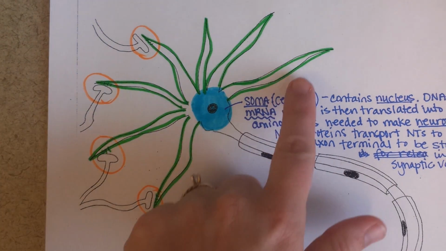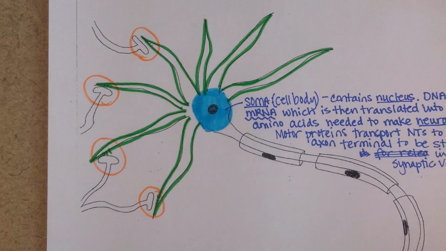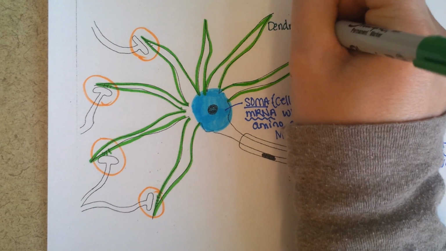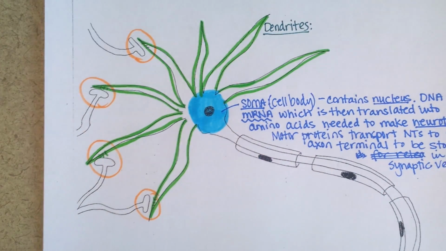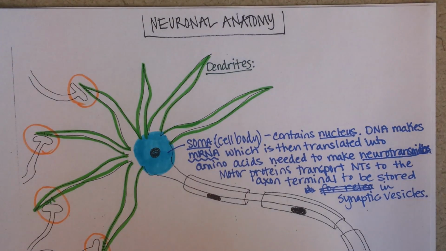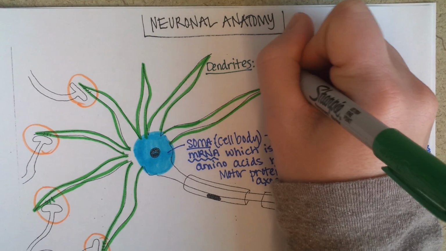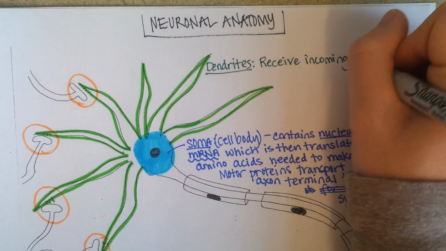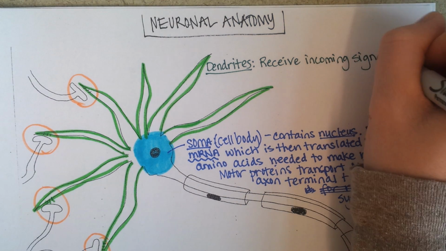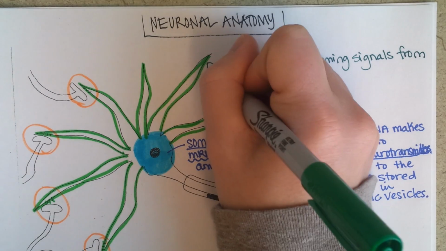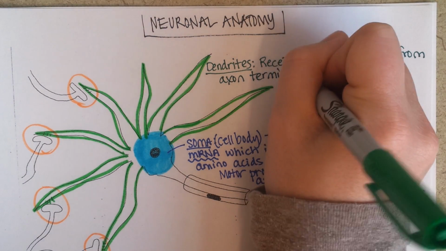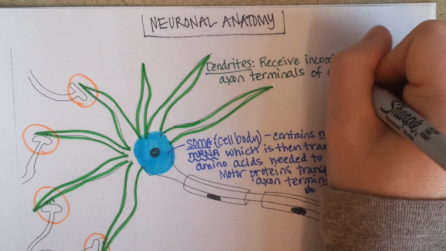One neuron might have 100,000 of these dendrites. We're using a green pen for dendrites. They receive the incoming signals from the axon terminals of other neurons.